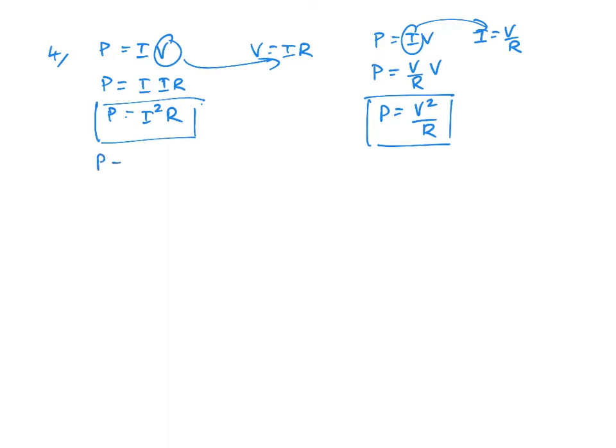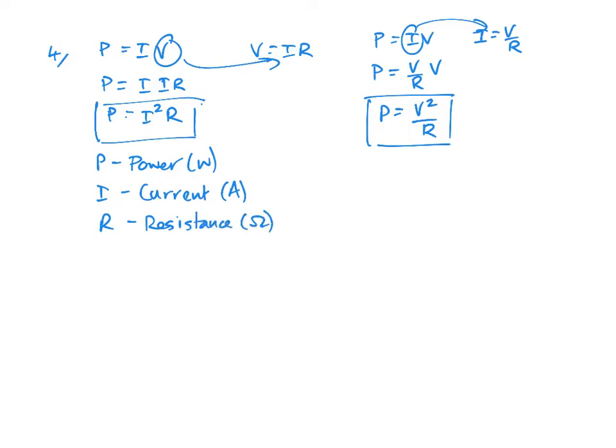So P, quite obviously again, is power measured in watts. I is current measured in amps. And sorry, for this one, R is resistance. So if you've got it in kilo ohms, it should be converted to ohms.